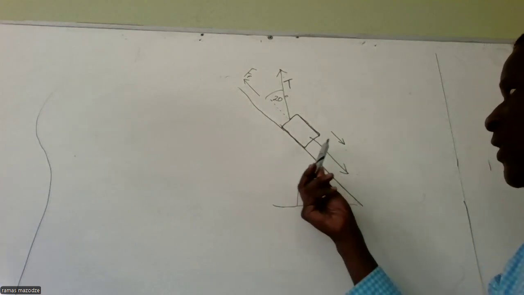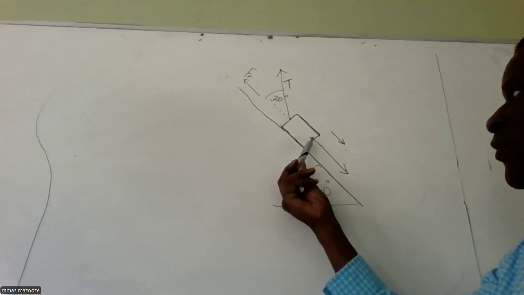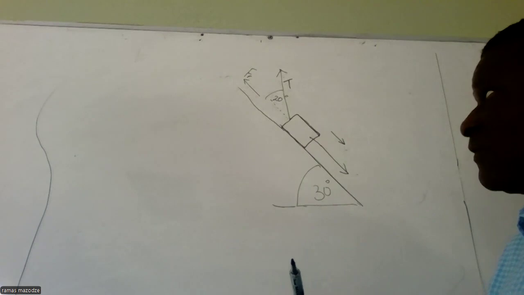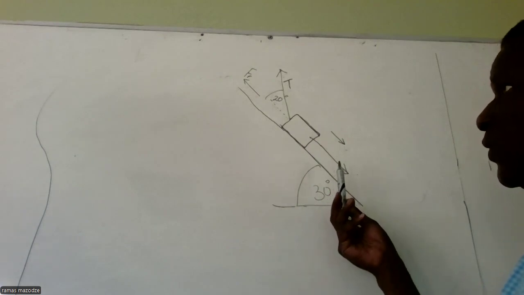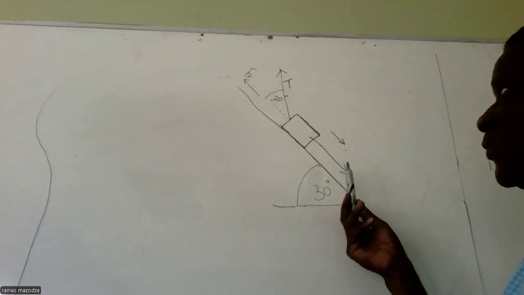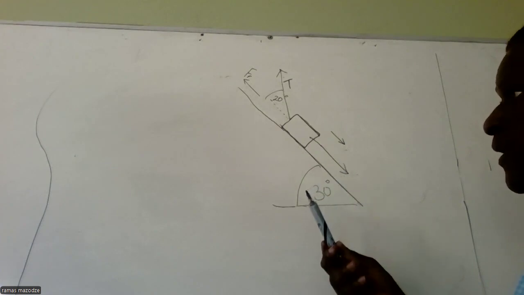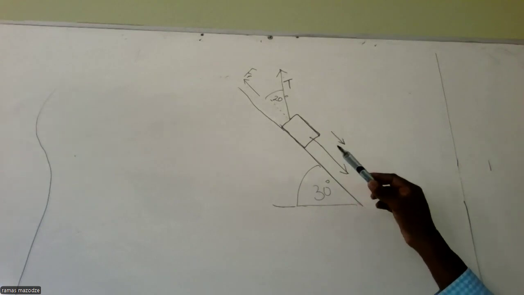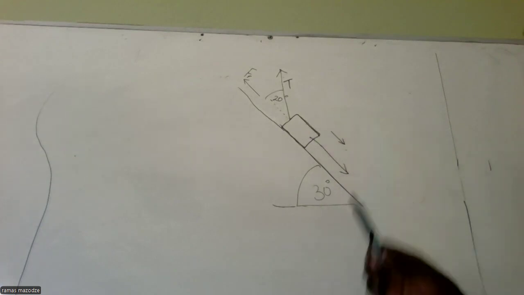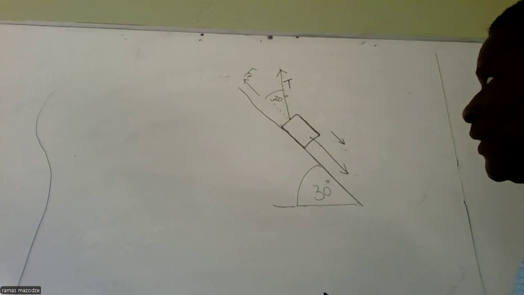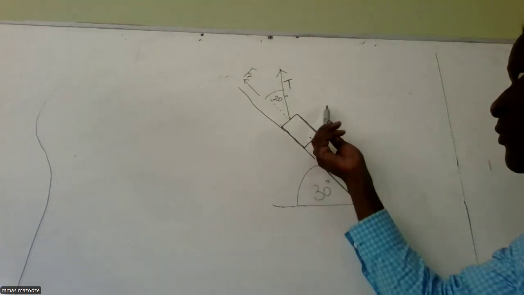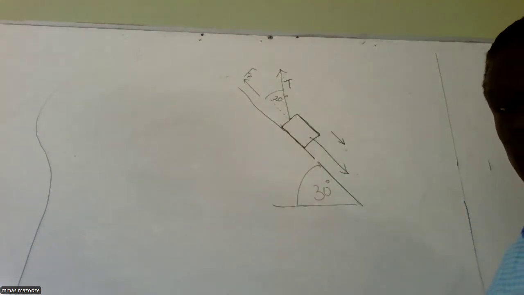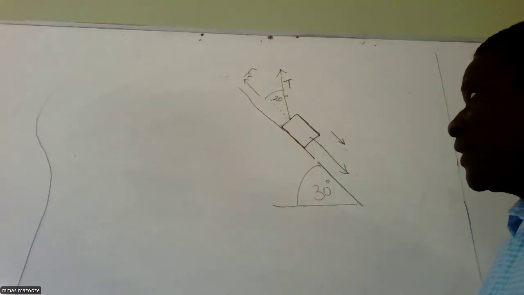Whatever is making it move downwards is doing positive work, although we know that work is not a vector. I want us to get the one-term expressions for these. And the other thing I want is an expression for the normal force, because sometimes we have to use it to get the frictional force. Okay, so let's get started.